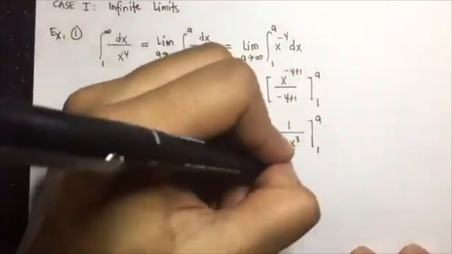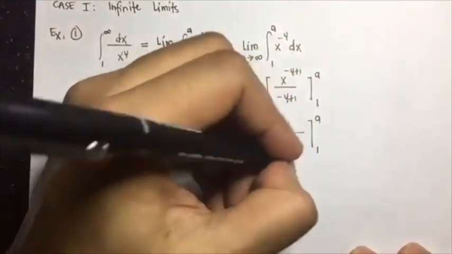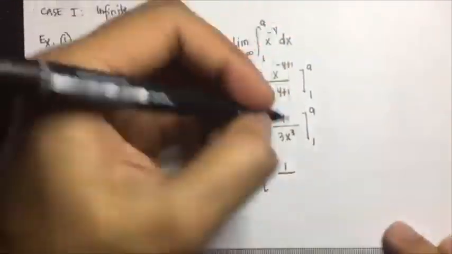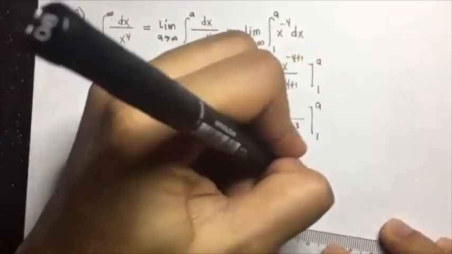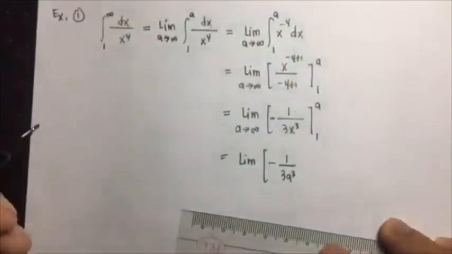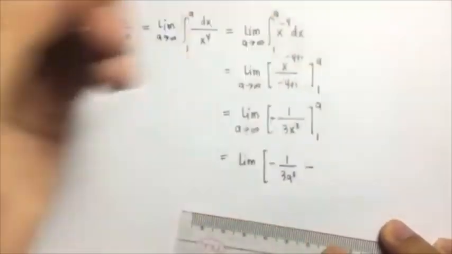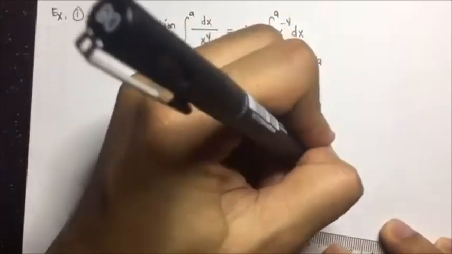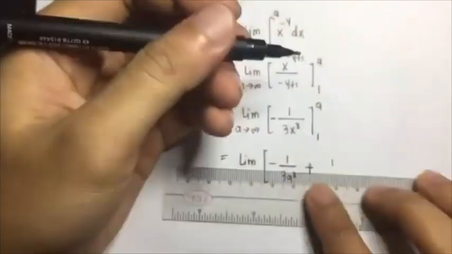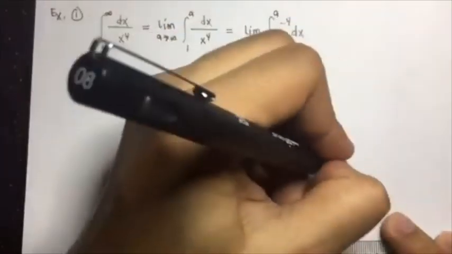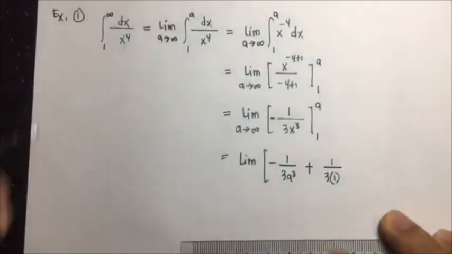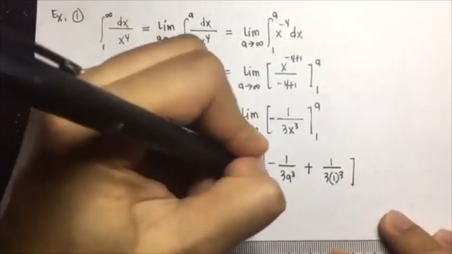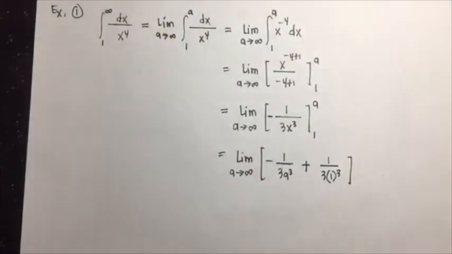Using the upper limit, substituting a for x, it becomes negative 1 over 3a cubed, minus, since it's minus negative 1/3, it becomes plus 1 over 3 times 1 cubed, as a approaches infinity.